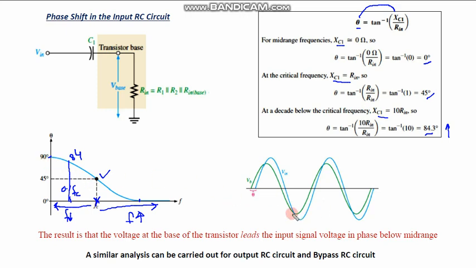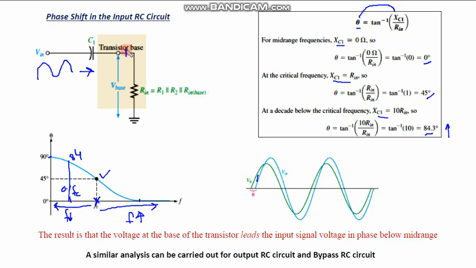If you plot VB and V in: if a signal is coming towards the amplifier, because of the RC it would be offered some phase shift at the base.